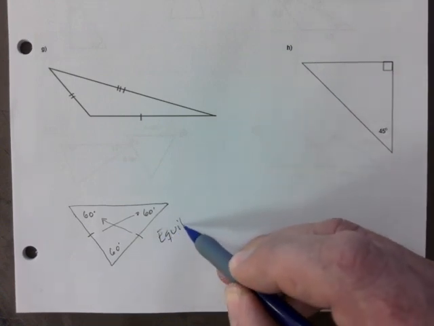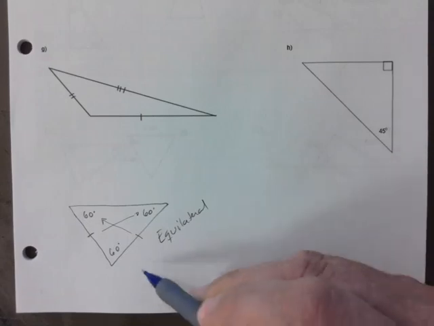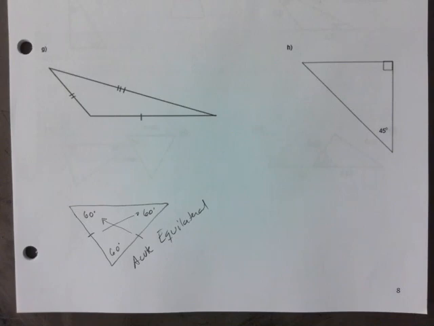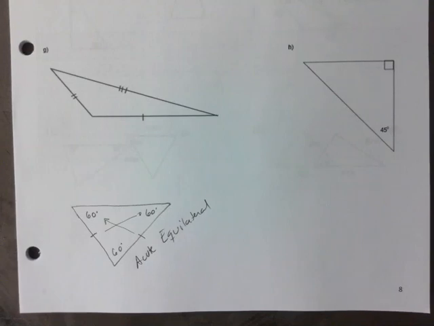So, acute equilateral, even though the province will be okay if you just say equilateral. I would, just to be safe, still say acute, because there's no such thing as obtuse equilateral, correct? Because it's always 60. There cannot be an obtuse, that's a contradiction. Okay, we got that figured out. So that's why I said investigate, if you can.